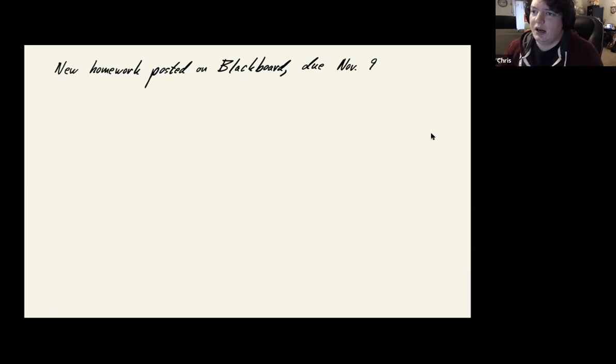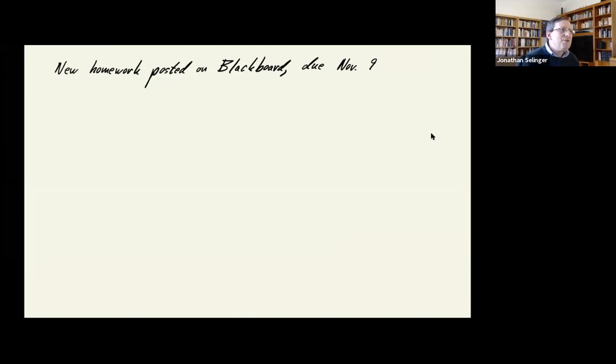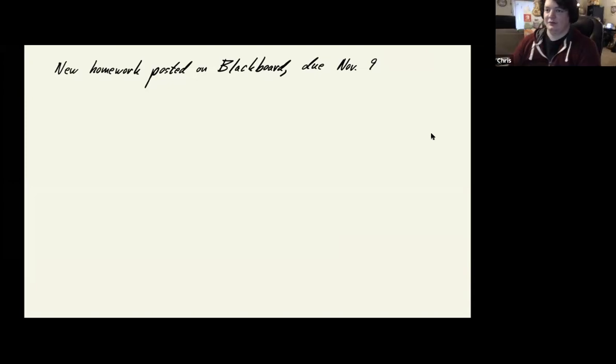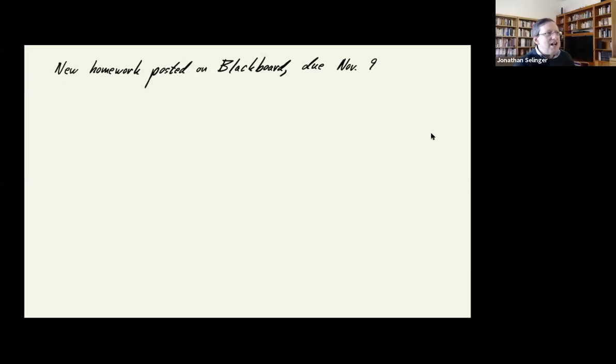John, it doesn't look like whatever you're writing is getting added to the whiteboard. It's not. It just says new homework posted on Blackboard due November 9th. That is so weird because it's showing up on my laptop screen. It's getting transferred over. All right, let's see if I can debug this. Huh. Well, that's frustrating, isn't it? Okay, well, clearly that's not working. As an emergency measure, I will go back to my old iPad and connect it with a cable. All right, sorry about that. Break my heart.